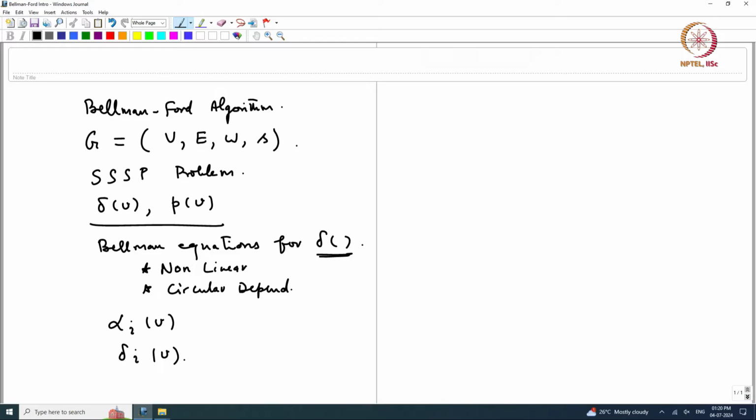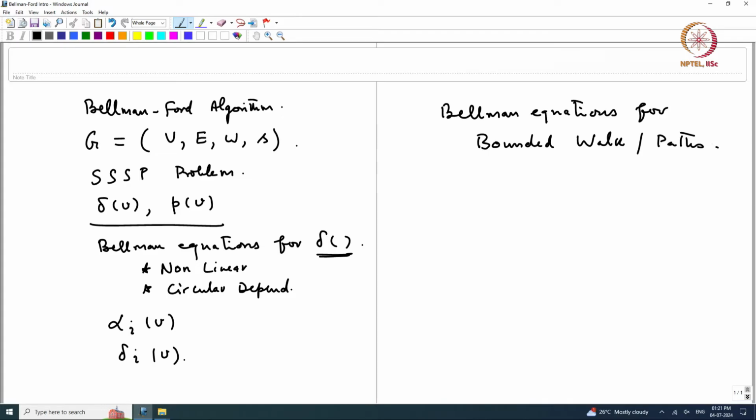We are still working towards the solution of the Bellman equation, but in the same equation we are relating alpha I values, and we have derived Bellman equations for bounded walks and bounded paths. That means there is a bound on the number of edges. This leads to a decreasing sequence leading to the answer we are looking for.